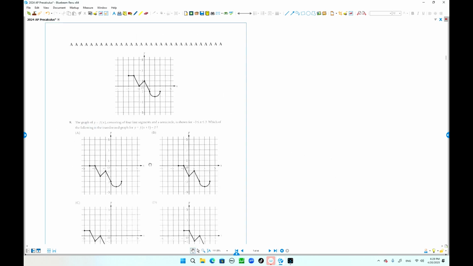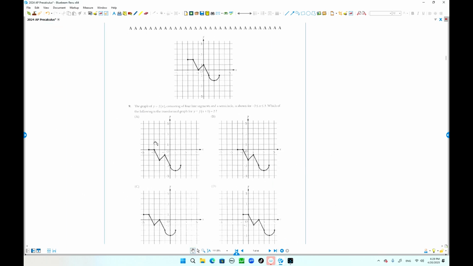Some more. Okay, here we go. There are transformations. This is the graph of y equals f of x. So another one, f of x plus 1 and minus 2. That's a transformation, right? So plus 1 is a minus 1, so negative 1, right?